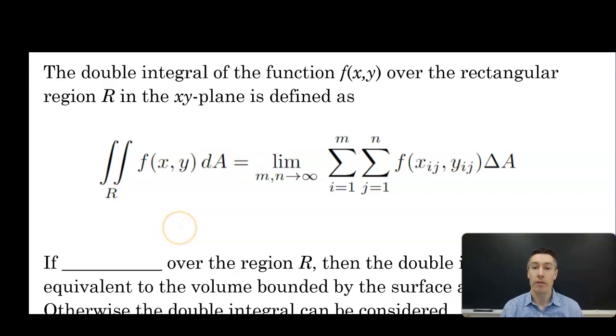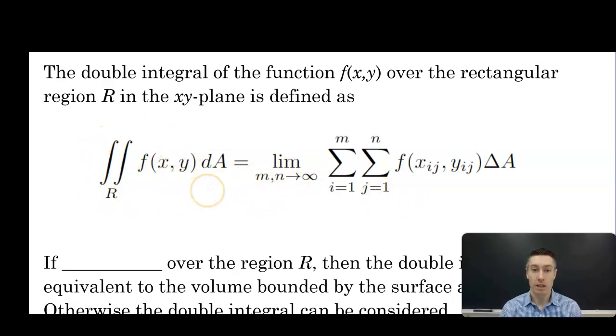The double integral of the function f of xy over the rectangular region R in the xy plane is defined as that limit we defined on the previous slide. So we have the double integral over the region R of the function f of xy dA equaling the limit as m and n approach infinity of that double Riemann sum.